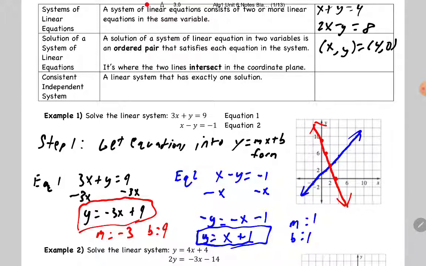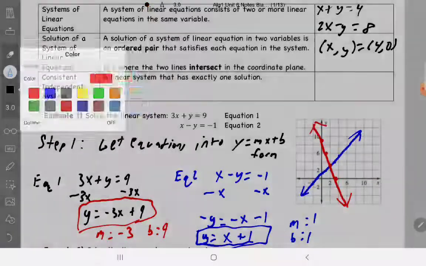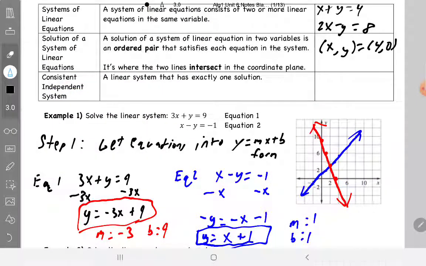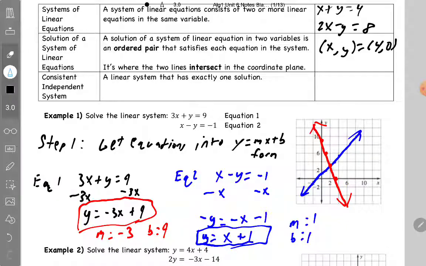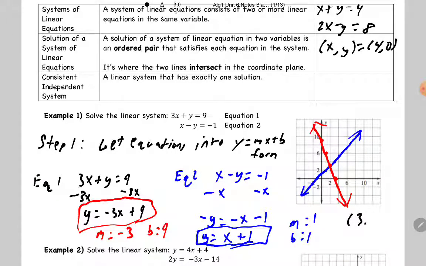And that point, if we look at our graph, is at 3, 2. So my answer, or sorry, I got mixed up: 2 in the x and 3 in the y, so 2, 3.